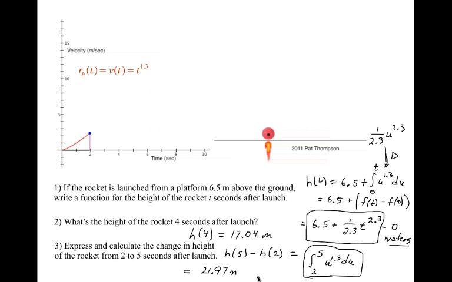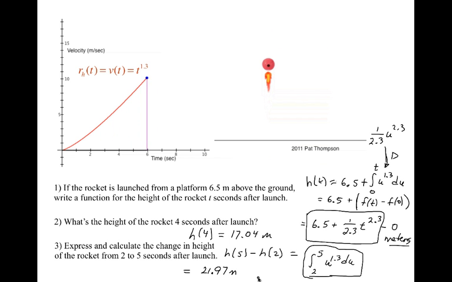Okay, but now let's think about this. The change in height from 2 to 5 seconds, does it have to do with the 6.5 meters? No, it doesn't. It would be the same change in height if we started 10 meters above the ground, or 1 meter above the ground, or on the ground, right?